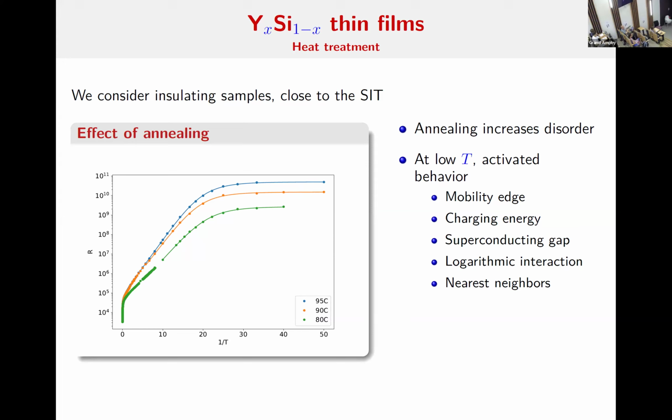The whole material is not superconducting, but there are superconducting grains, and you have to pay the gap whenever you cross them. The other is that this is basically 2D, and being 2D, you may have logarithmic interactions if the dielectric constant is large, and logarithmic interactions, according to variable range hopping theory, give you activated behavior. And the last possibility is that you always conduct by nearest neighbor hopping.